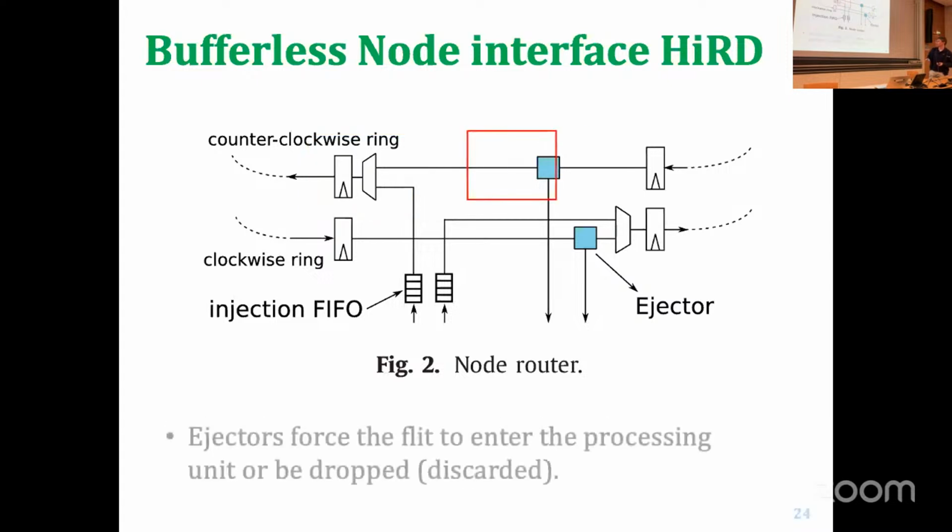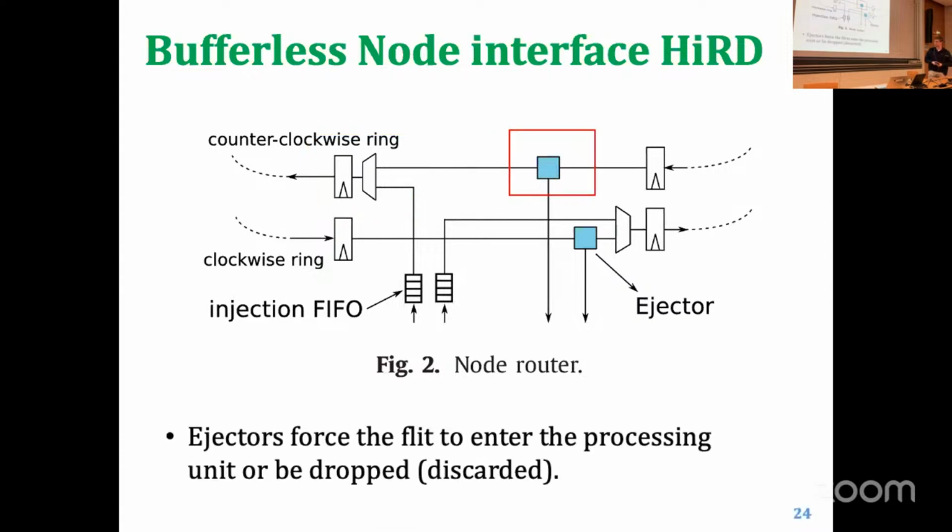And that's it. Whereas for the ejection, we have an even more direct mechanism because when the new flit is coming and has to go to a core, the ejector will force the new information to take a choice, either entering the core, or if the core is not ready to accept new information, it will just be dropped.